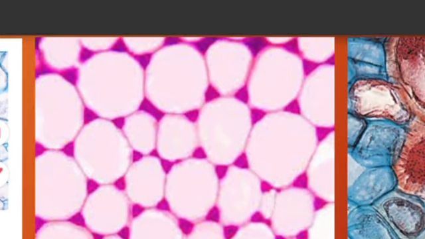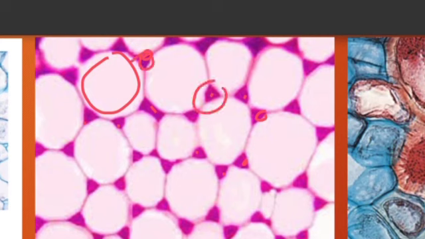The next type of tissue is collenchyma. If you view the image, you can see the cells are provided with thickened corners.